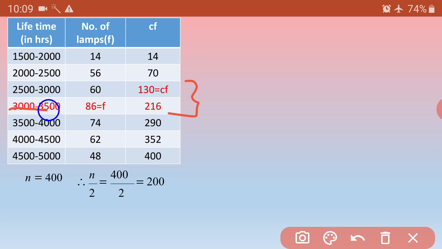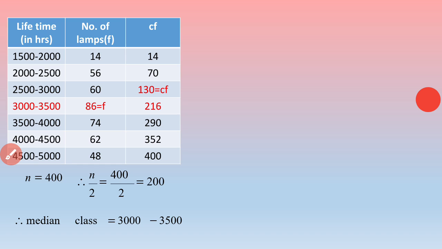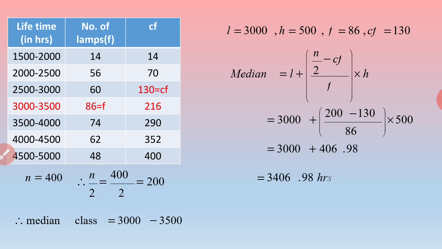So we consider the row that has 216 in it. We now have the median class as well as the frequency. The CF will be the preceding one, that is 130. Next is noting down the formula and substitution. Once the substitution is done, you get the final answer, that is the median lifetime of the lamps.